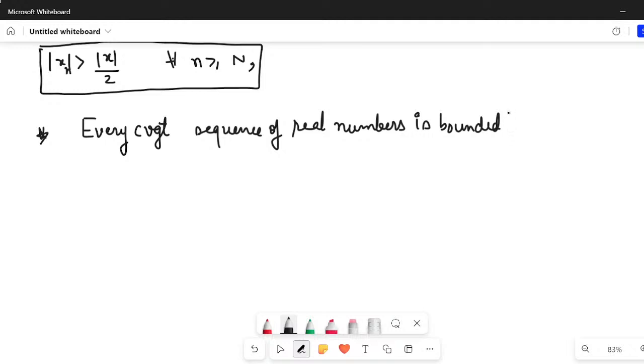Always remember that every convergent sequence of real numbers is bounded. Converse, not true.